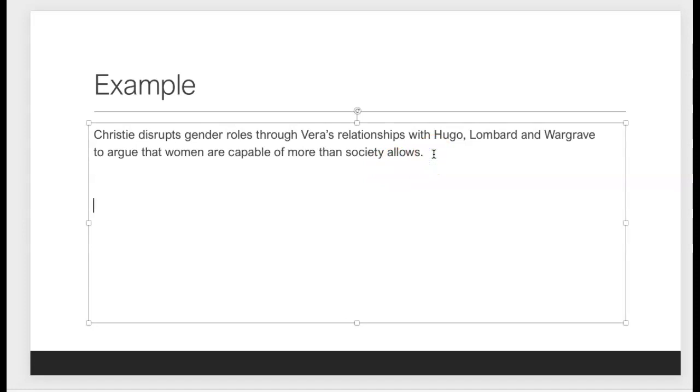So is this a good thesis statement? Well, what does Christie do? She disrupts gender roles, right? So I have my analysis verb and my theme here. What does she do? She disrupts those gender roles. How?